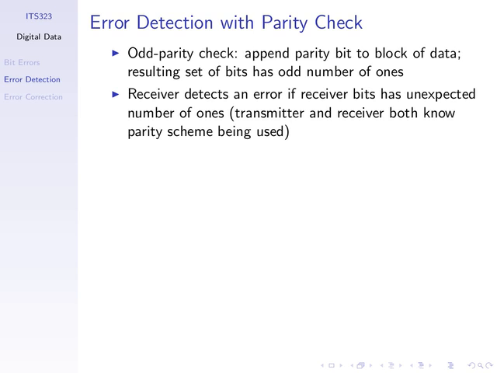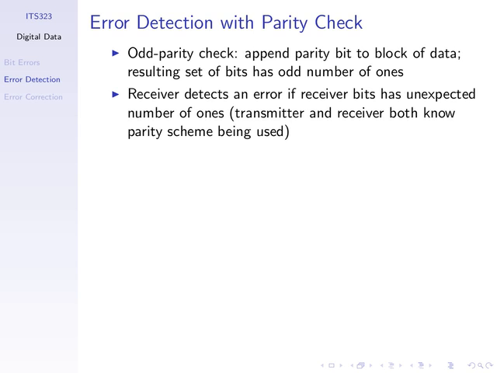So in fact, this is the data, this is the error detecting code, the parity bit. What we're going to transmit is the combination of those 5 plus 1 bits, that is the total of 6 bits. Where this is the parity bit. This is the 6 bits that are transmitted.